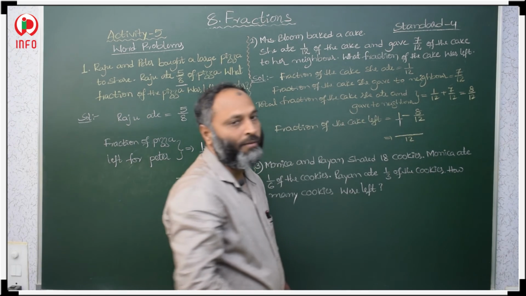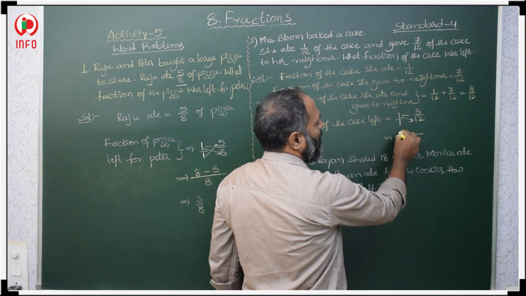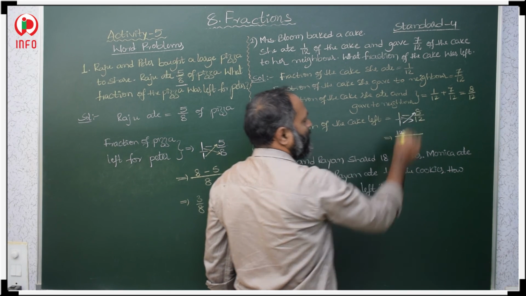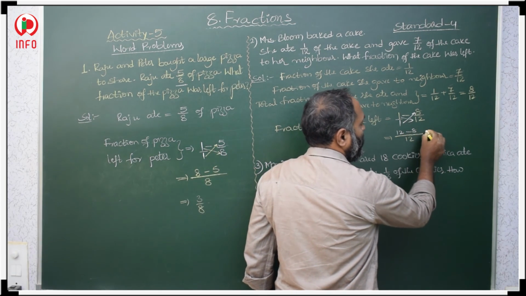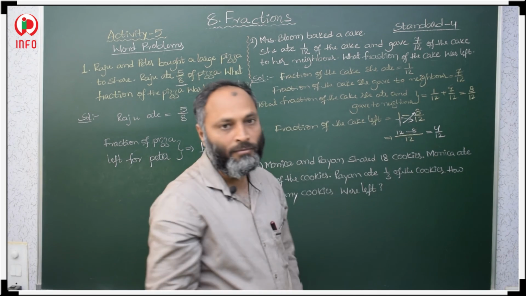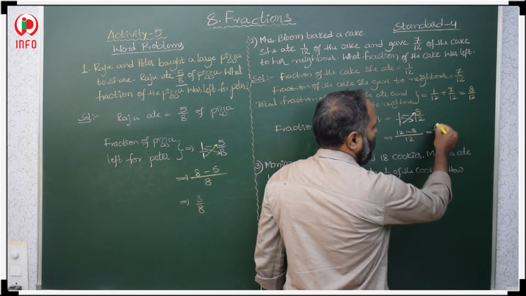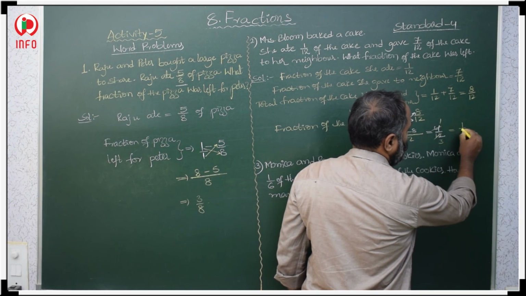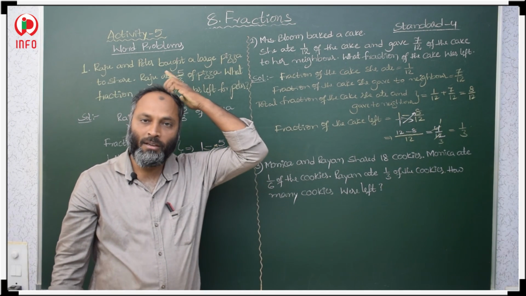Then the first fraction numerator with the second fraction denominator, 1 times 12 is 12. Then the first fraction denominator with the second fraction numerator, 1 times 8 is 8. 12 minus 8, 4. 4 by 12. These have a common factor, 4. 4 ones are 4, 4 threes are 12, so that is 1 by 3. 1 by 3 fraction of the cake is left.